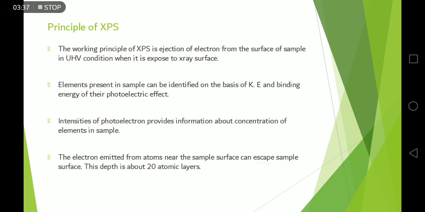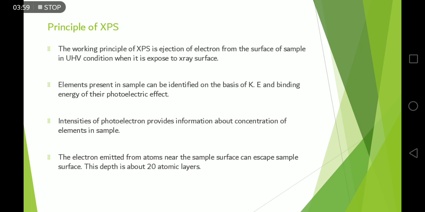Elements present in the sample can be identified on the basis of the kinetic energy and binding energy of their photoelectrons. Their intensities provide information about the concentration of elements.